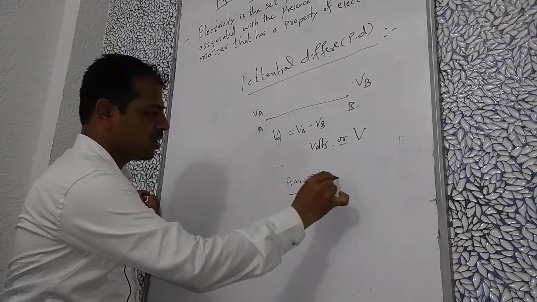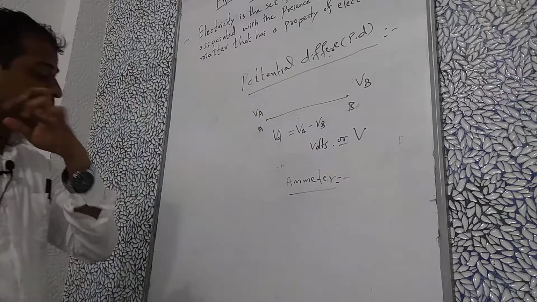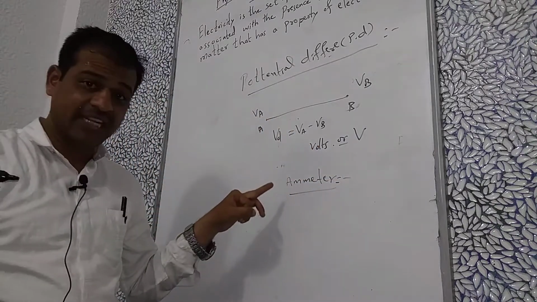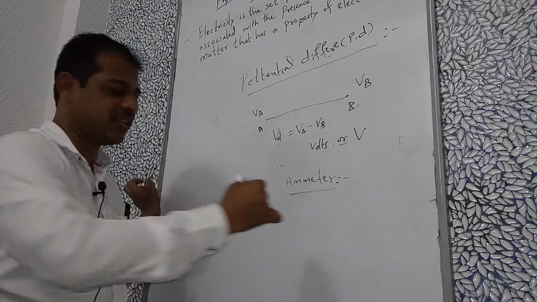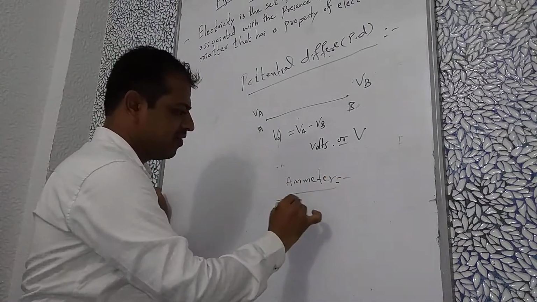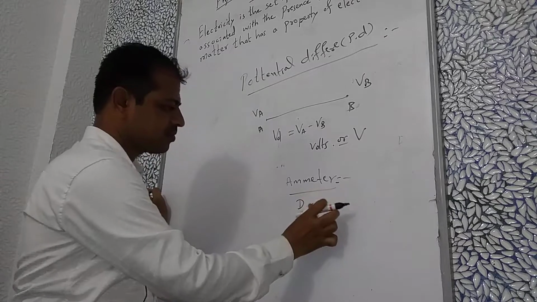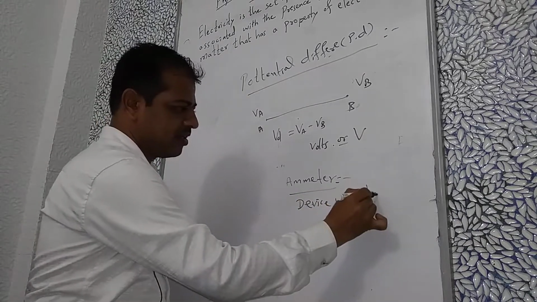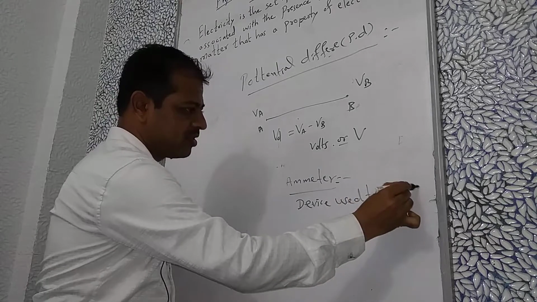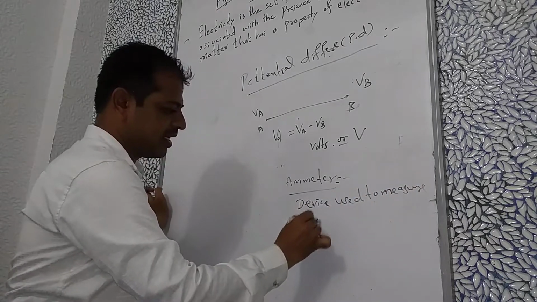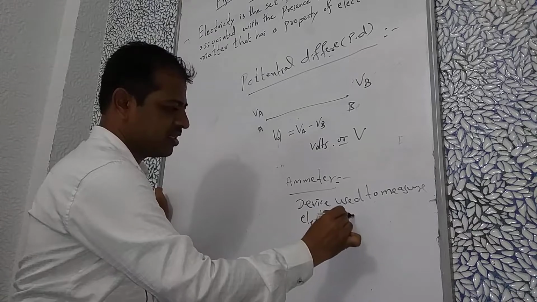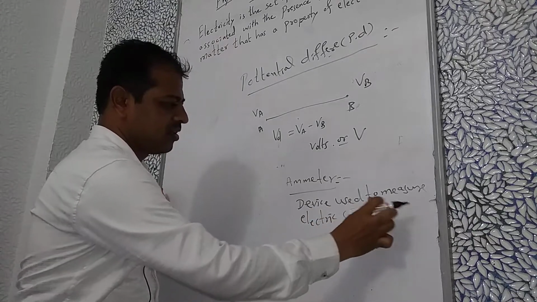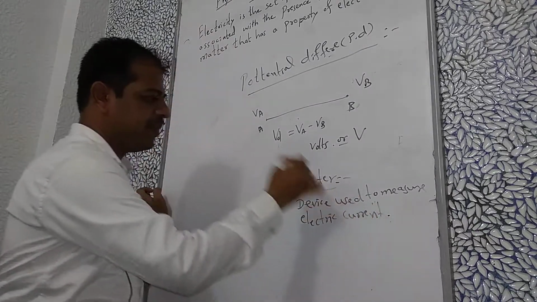What is an ammeter? The device used to measure electric current is known as an ammeter.